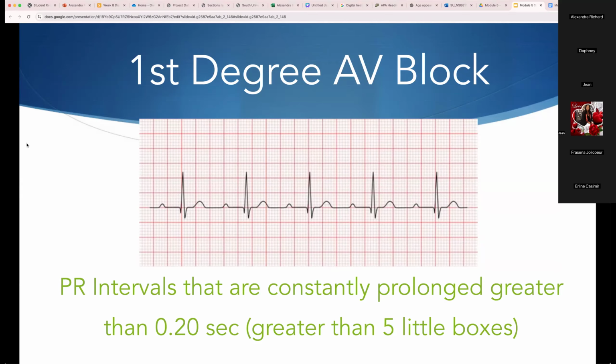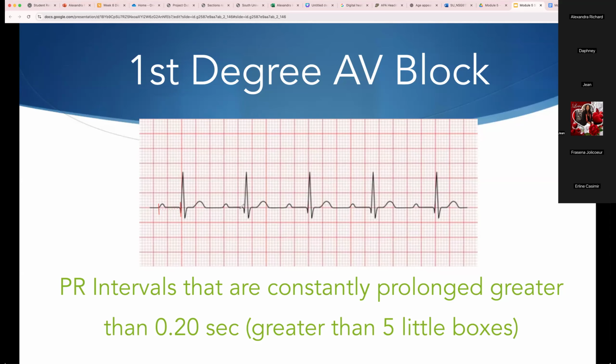Remember, it goes from the beginning of the P wave to right when it dips down to the beginning of the QRS, right? So that's 1, 2, 3, 4, 5, 6, 7. You could say 7.5, okay?